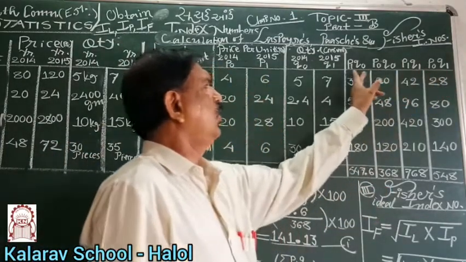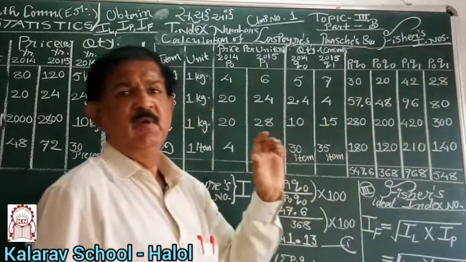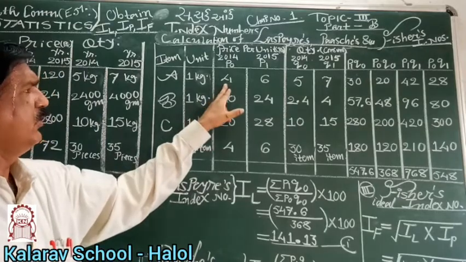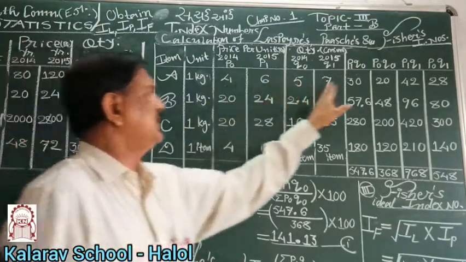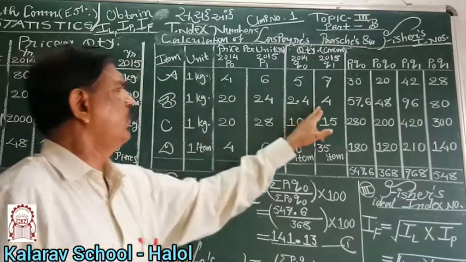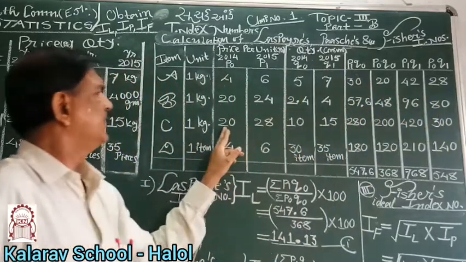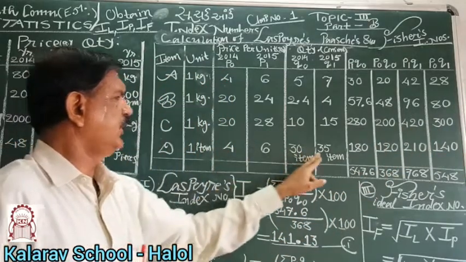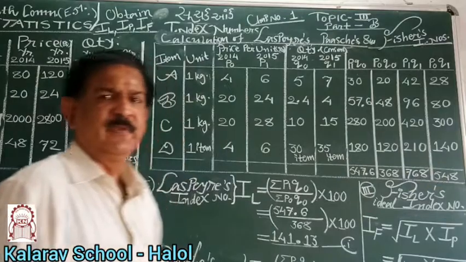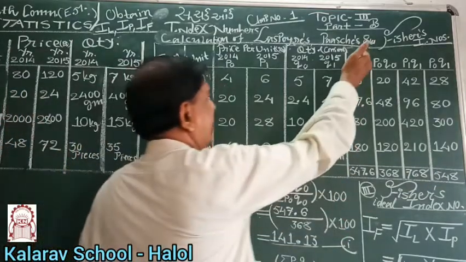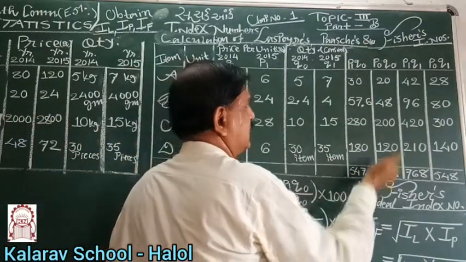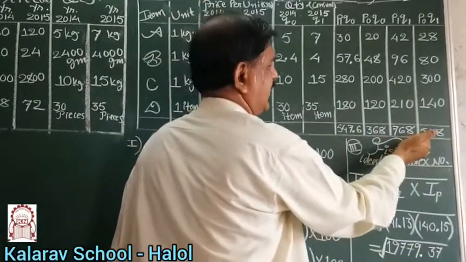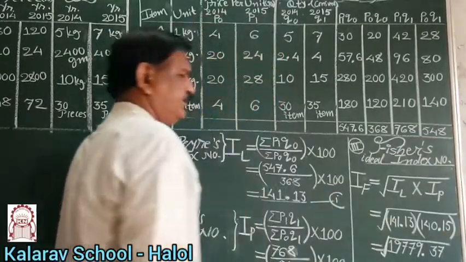P0 means 4, 20, 20, 4 and Q1 means 7, 4, 15, 35. 4 sevens are 28, 20 fours are 80, 20 multiplied by 15 becomes 300, and 4 into 35 becomes 140. Now make the totals. P1Q0 total is 547.6, P0Q0 total becomes 368, the next column 768, and the next column 548.